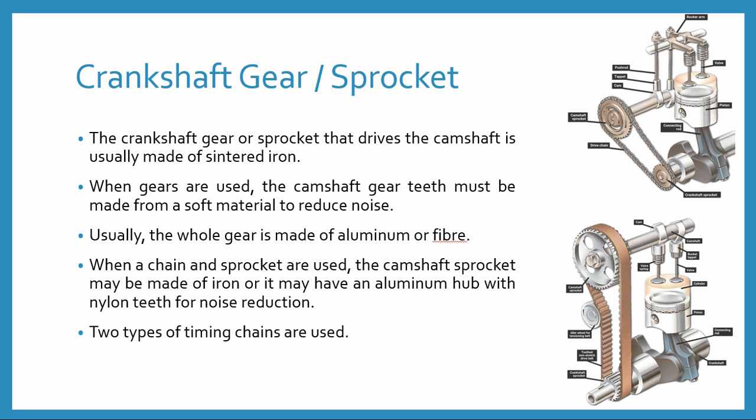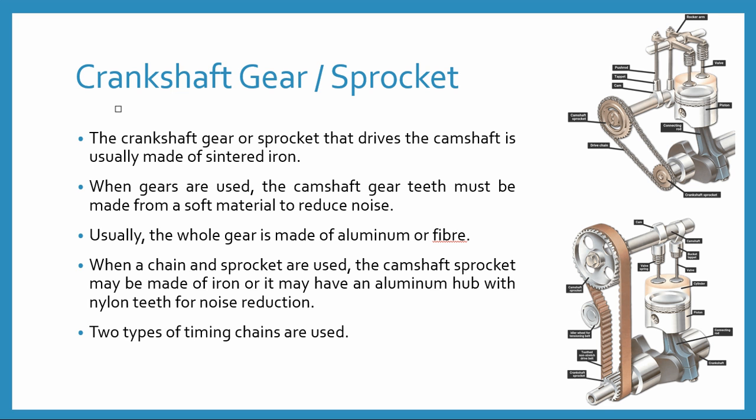Now coming to the crankshaft gear or the sprocket. Here the crankshaft gear or the sprocket basically helps to drive the camshaft, and it is usually made of sintered iron, and it is fitted at one end of the crankshaft.